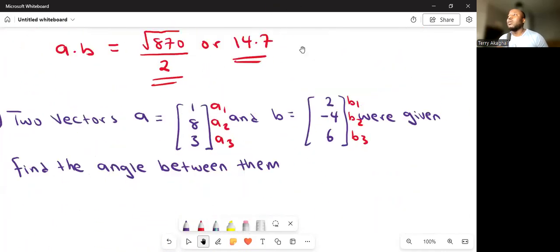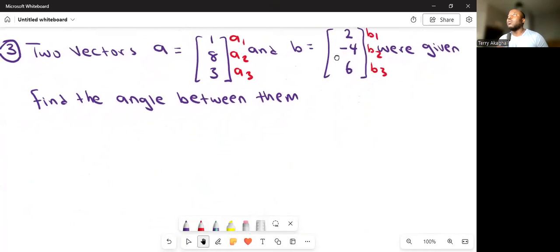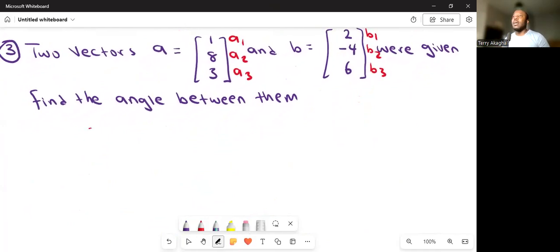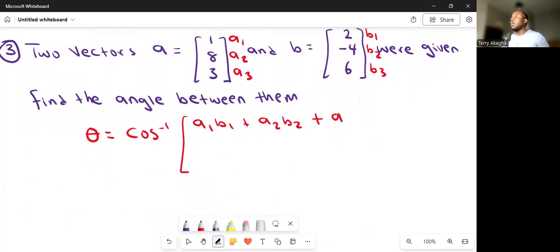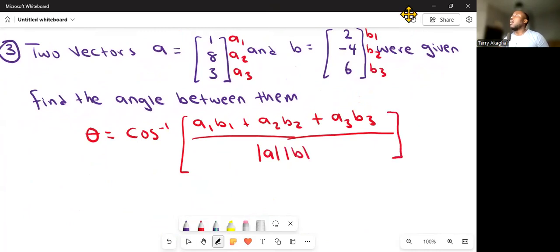To find the angle, we're going to use theta equal to the cos inverse of A1 B1 plus A2 B2 plus A3 B3, all divided by the magnitude of A and the magnitude of B. So that's how you do it. That means we need to now find the magnitude of A and the magnitude of B.